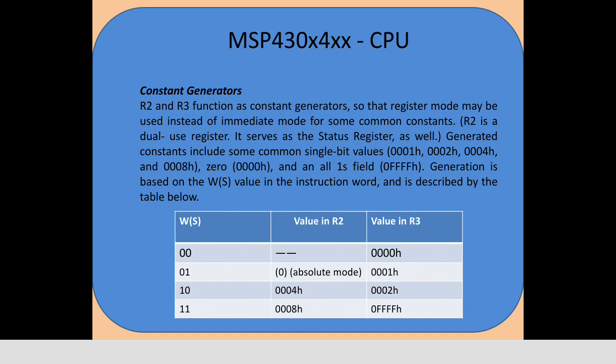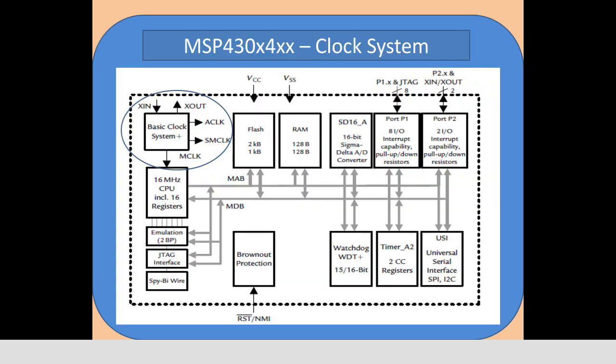Here, the constant registers R2 and R3 provide 7 different values, represented by using the R2 register or R3 register. If it is 00, then R2 does not represent anything and R3 becomes 0, like this, according to the table.